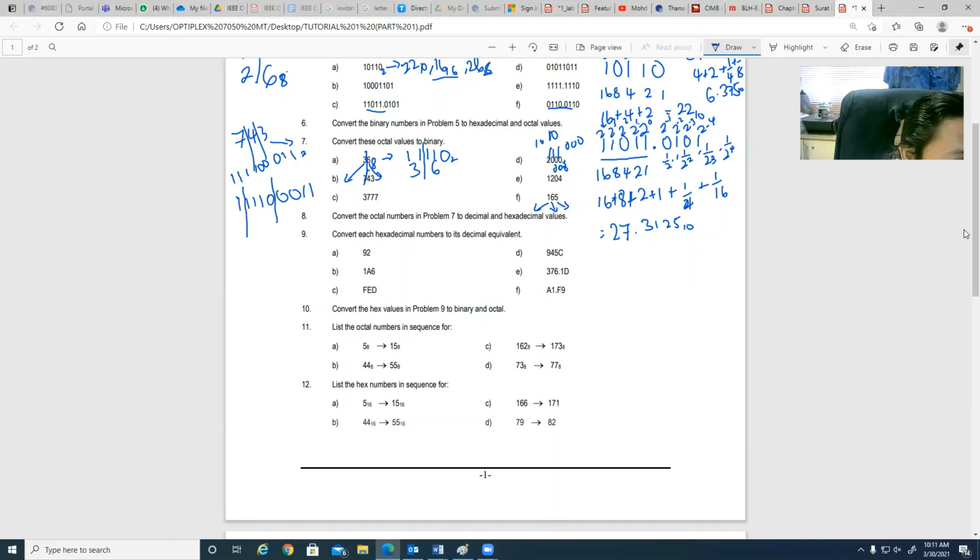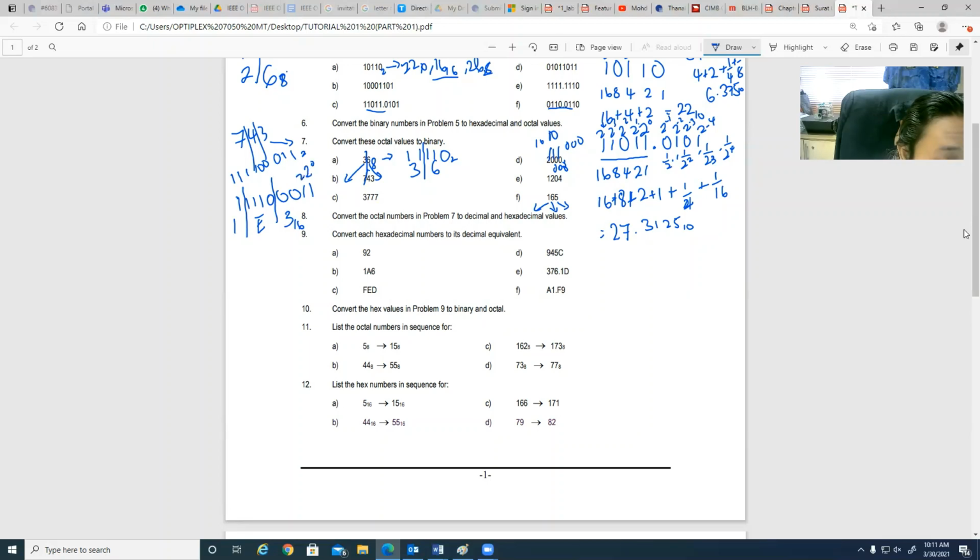So this one will be 1, this one will be E, and this one will be 3, in hexa.